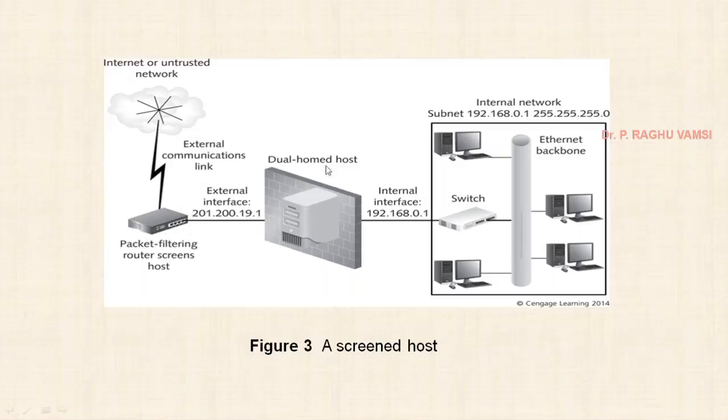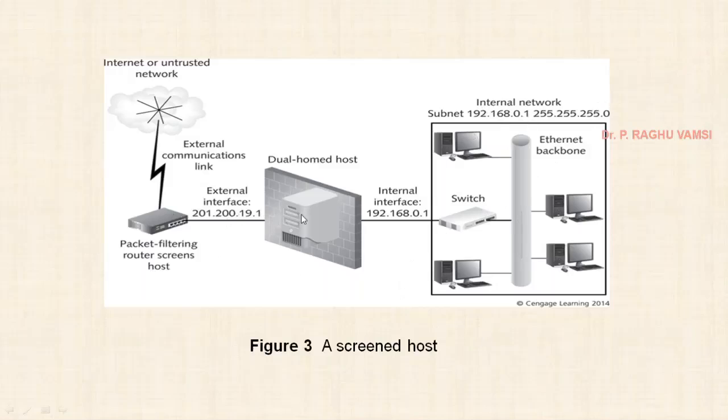But here in the dual homed host, since we are receiving the related traffic, based upon the security policy that we set here, we can filter from the known traffic. We can make a pure filtering of the original traffic that is supposed to access the internal network.